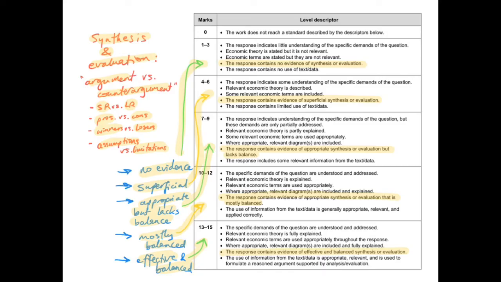I always tell my students to pick at least 3 of this framework here. So maybe discuss the short-term and long-term impacts, discuss the winners and losers of this policy or decision, and discuss the advantages and the disadvantages. And this will guarantee that your evaluation is effective and it's balanced to access level 5.